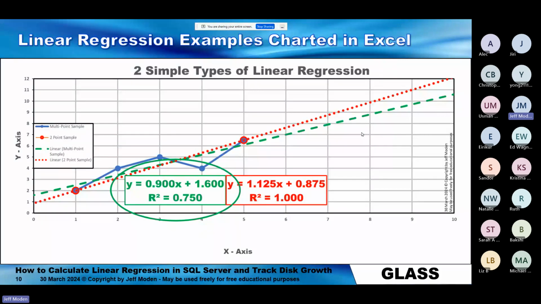We'll do a couple thousand points here before the end, but I just wanted you to see that it draws this line so that all of these points are as close as possible to the line. They call that minimizing the error, and that's pretty much what linear regression does. Which line minimizes the error for all the points to give us the best possible trend?